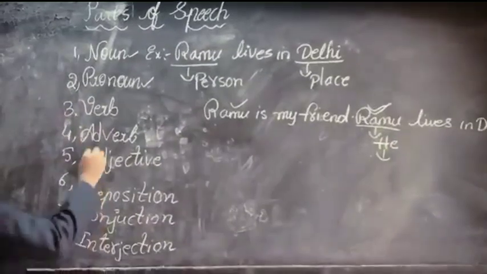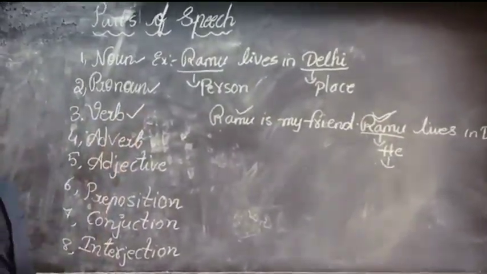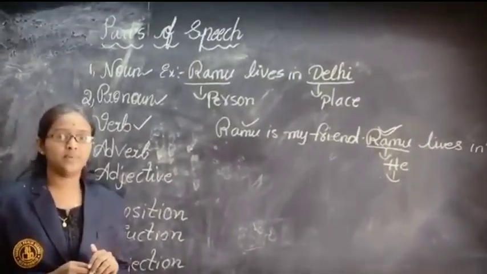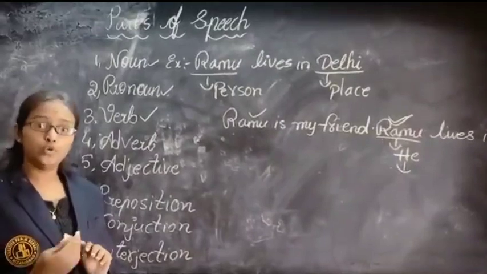Next, what is the next one? Verb. Verb means nothing but an action word. Otherwise, you can also call it a doing word.